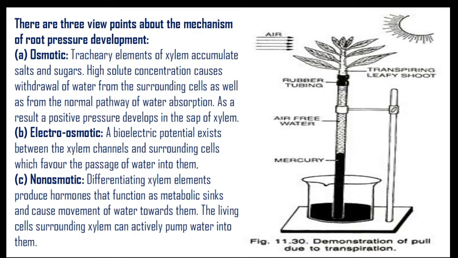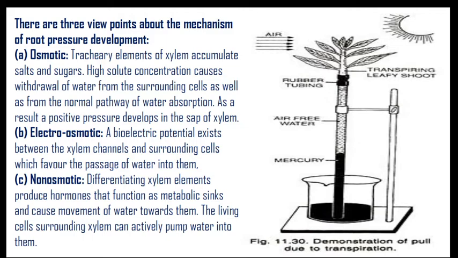Then there are 3 different points about the mechanism of root pressure development. First of all, that is osmotic, which is due to the tertiary elements of xylem which accumulate and hold salt and sugar, and that is why the high solute concentration causes withdrawal of water from the surrounding cells as well as from the normal pathway of water absorption.